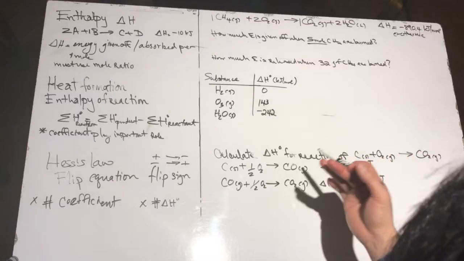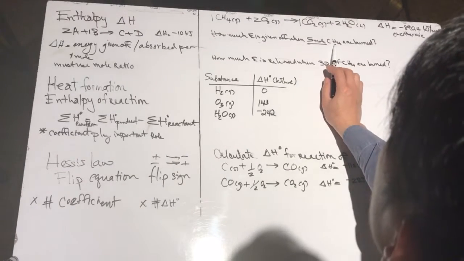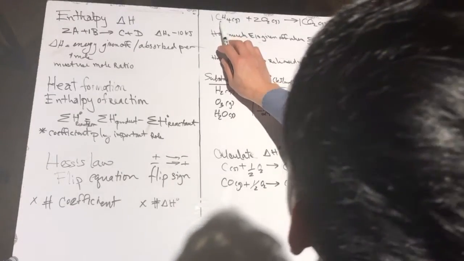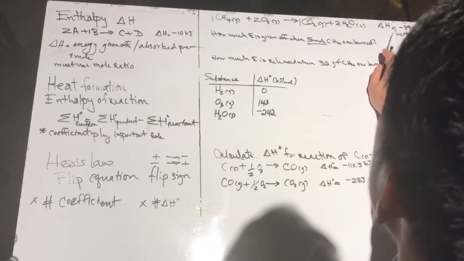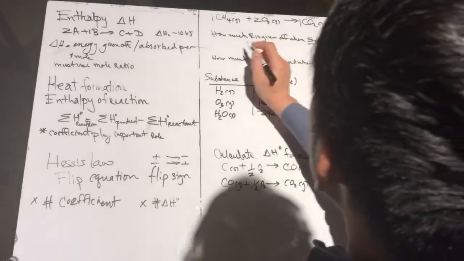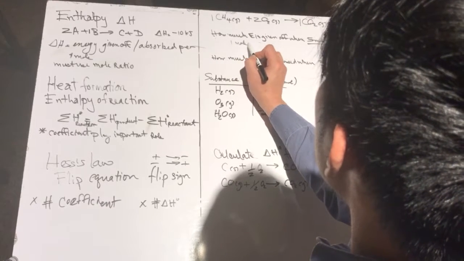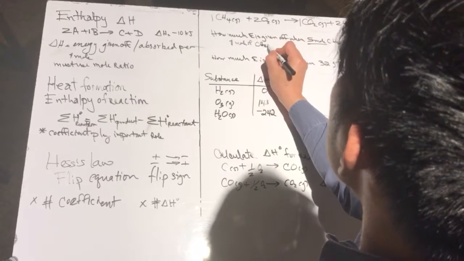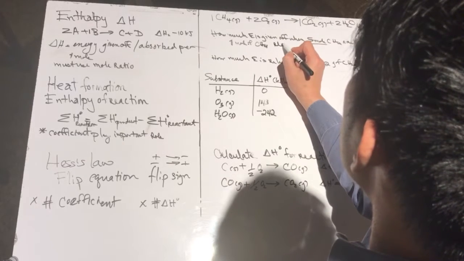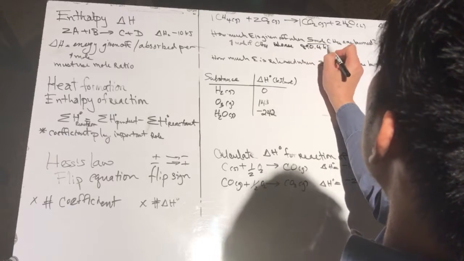It's very easy. You're going to have to use what is given from the chemical reaction. Basically, 1 mole of methane burned gives up how much? 1 mole of CH4 released 890.4 kilojoules.